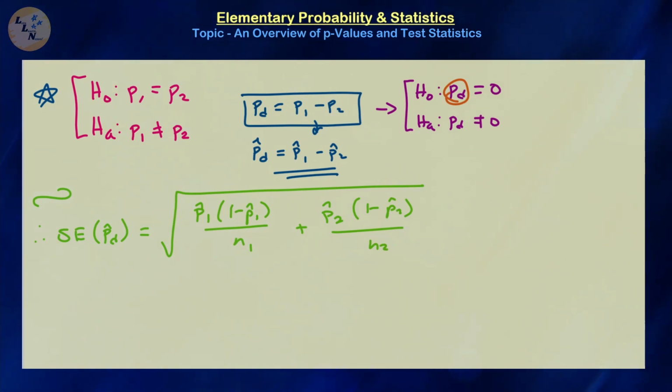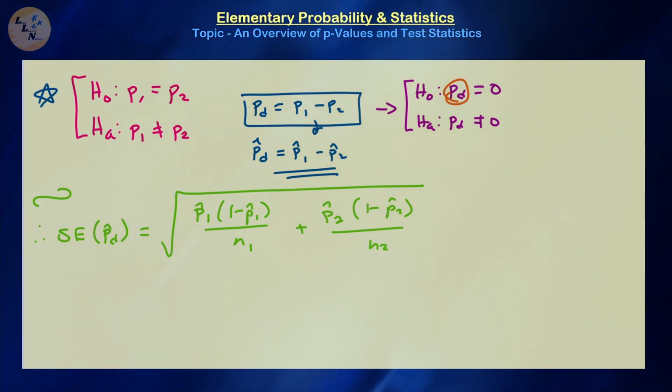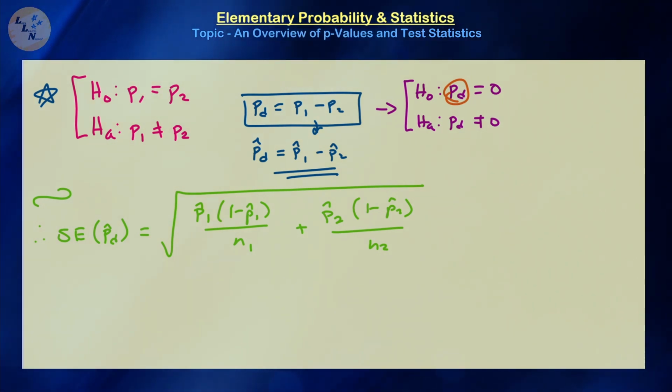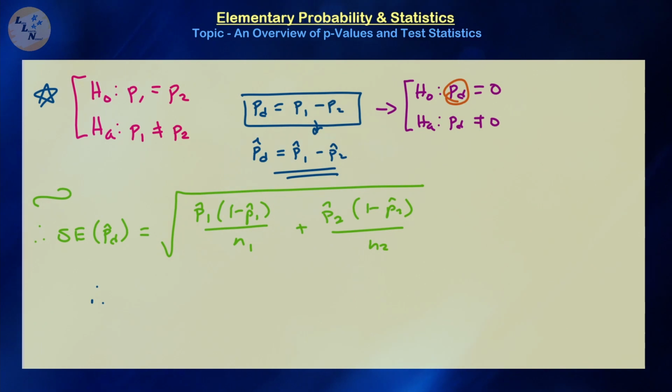Again, each of these samples must meet the criteria that the number of successes and failures in each of them must be greater than 10, both samples must be greater than 20, the responses in each of the samples must be independent of each other, and the samples themselves must be independent of each other as well. So once you have your standard error, then we can use a z-critical value to approximate the distribution that this proportion is holding because our sample size is sufficiently large.